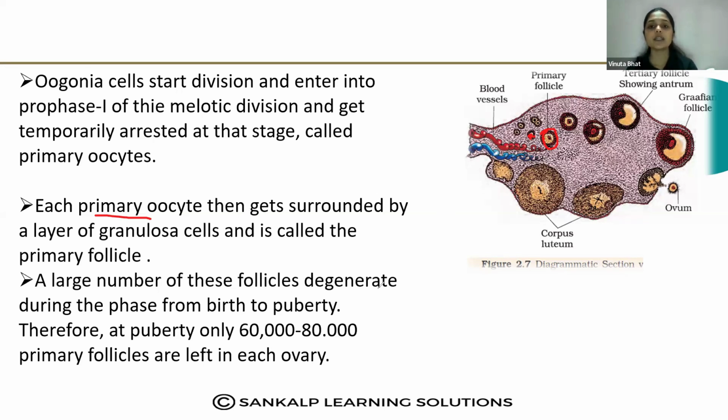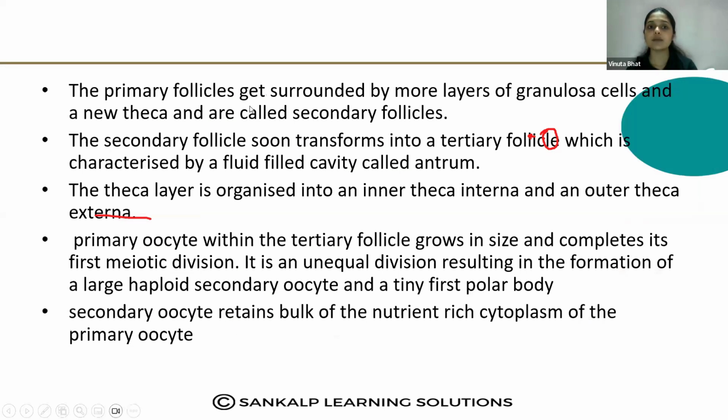At the time of puberty, only 60,000 to 80,000 primary follicles are remaining. So this is called the primary follicle. Then the primary follicles get surrounded by more layers of granulosa cells and a new theca, and are called secondary follicles.